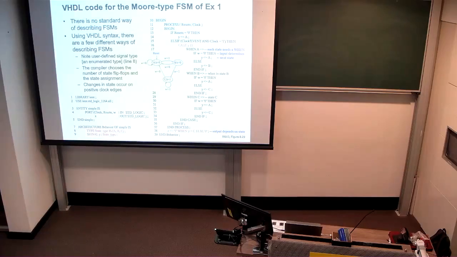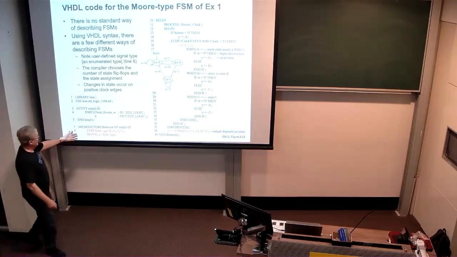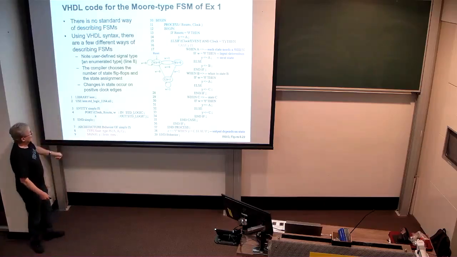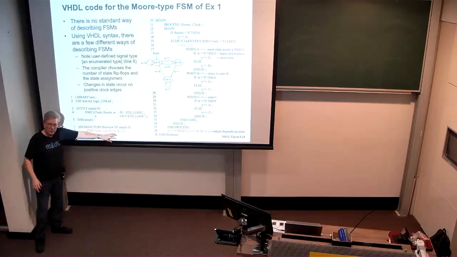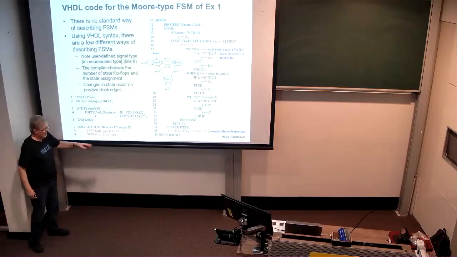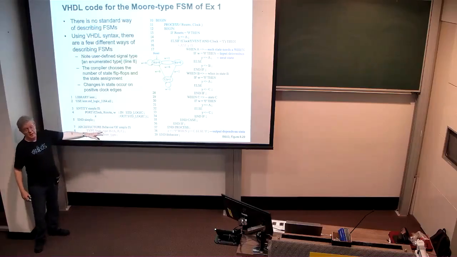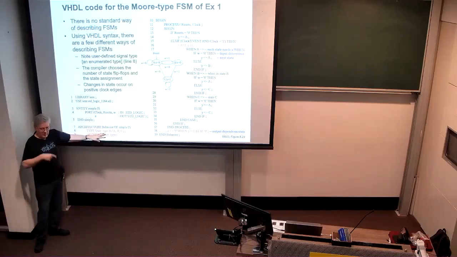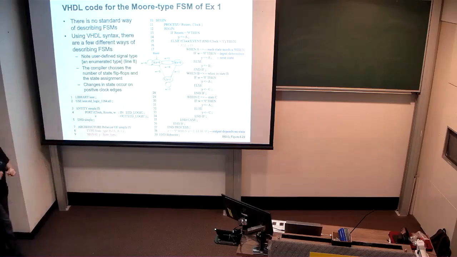What's special about it is that we have this enumerated type. The compiler therefore chooses how many flip-flops it's going to use. That's not given by the state type, although one might see there's actually a number of different ways of encoding this. I'll talk about it a little bit more and you'll see it in the lab.